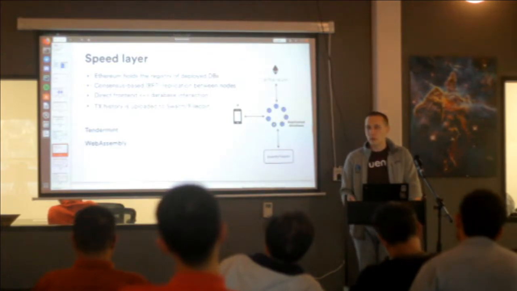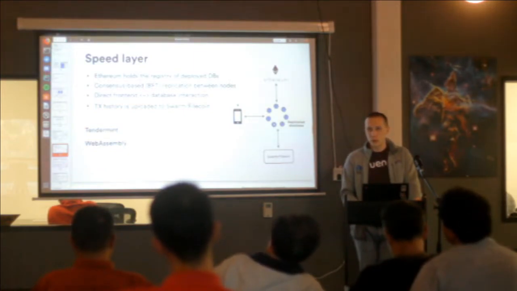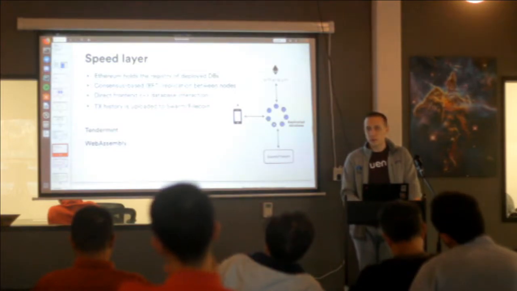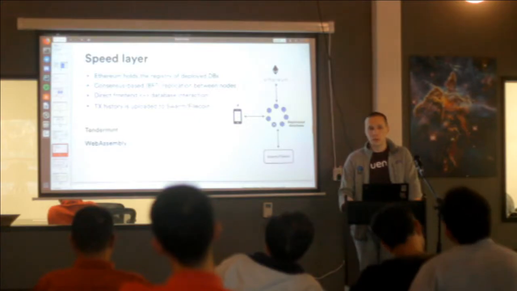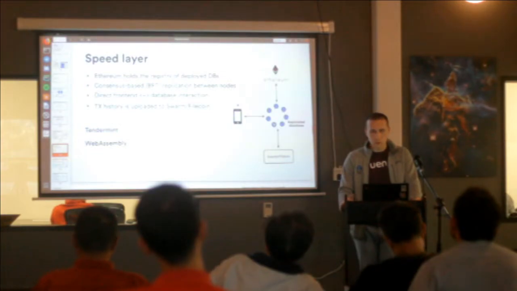Each of the nodes in this cluster runs a WebAssembly virtual machine. Because we use WebAssembly, we are able to compile existing databases into WebAssembly. We have ported this small SQL database called LlamaDB, and now we have almost ported Redis. And maybe soon we'll also port SQLite or something like that.